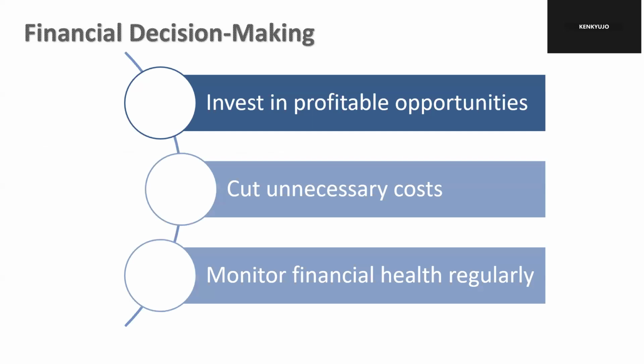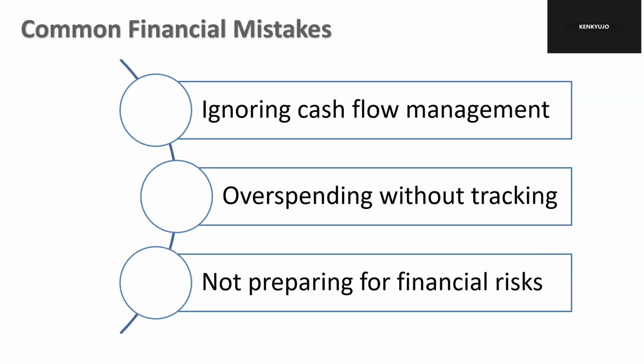When taking financial decisions, what are they? Invest in profitable opportunities, sometimes cut unnecessary costs, and monitor financial health regularly. There are common mistakes in finance also. Sometimes organizations ignore cash flow management, spend money without tracking, and do not prepare for financial risk. These three things are very critical financial mistakes some organizations make.